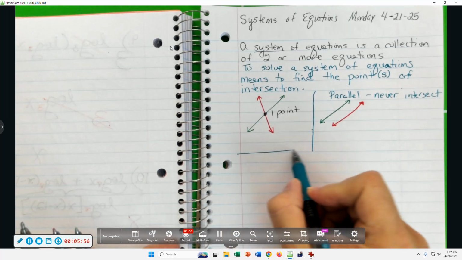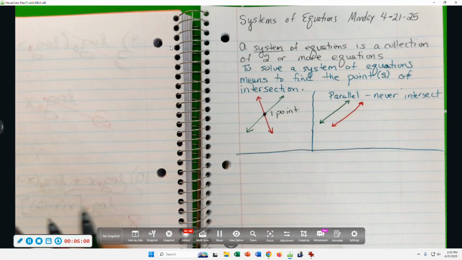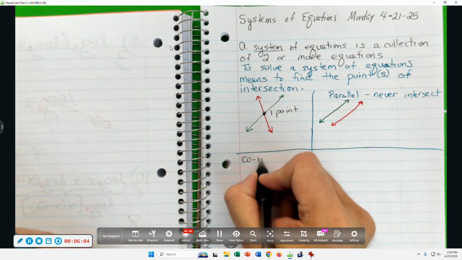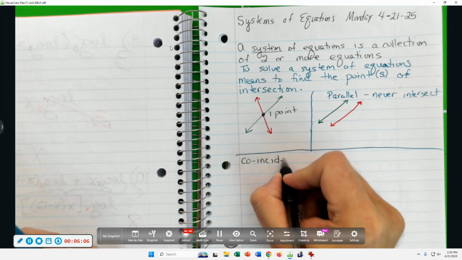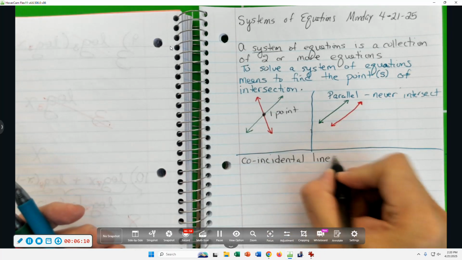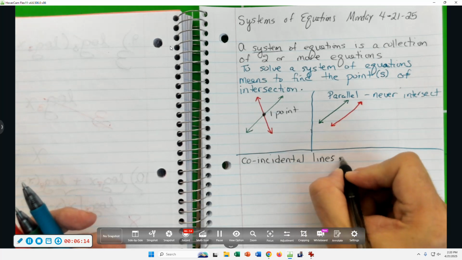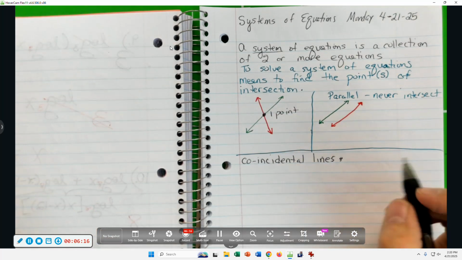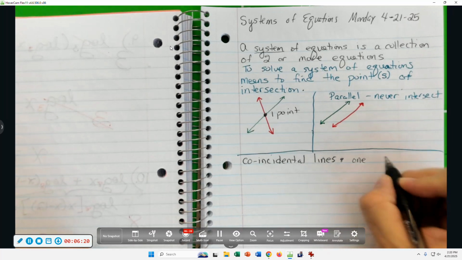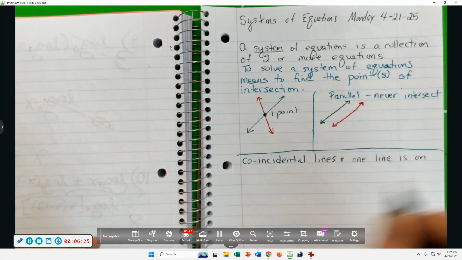There's one other possibility that people often overlook. They're called coincidental lines. And those are lines where one line is directly on top of the other line.